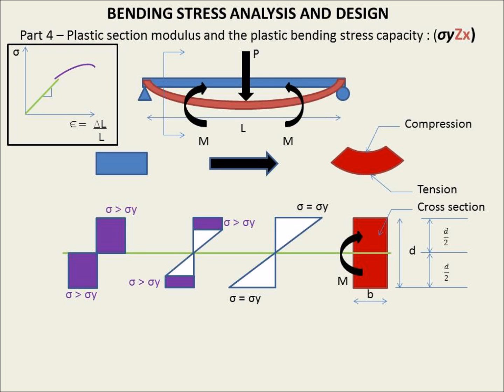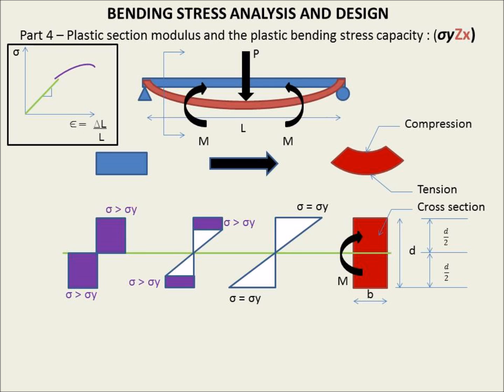And we developed this section modulus that was able to give us a description of both the stress distribution and the amount of stress. Or conversely, given a particular cross section and knowing the yield stress, what amount of moment can we apply such that the top fibers, the most extreme fibers of the cross section, has reached yielding?